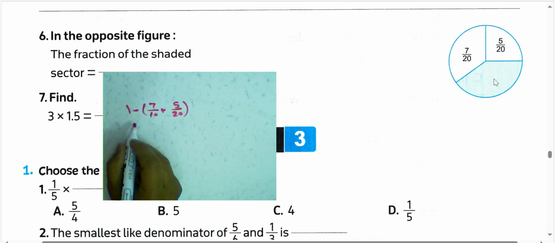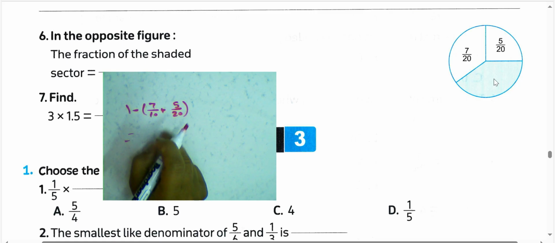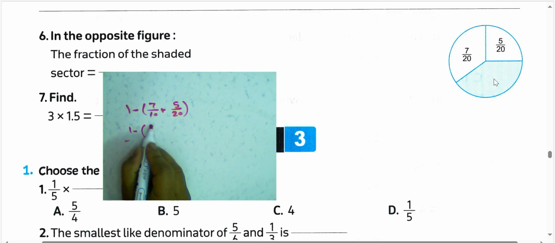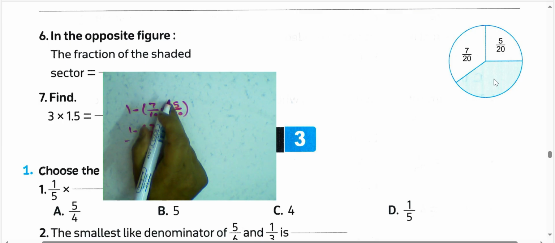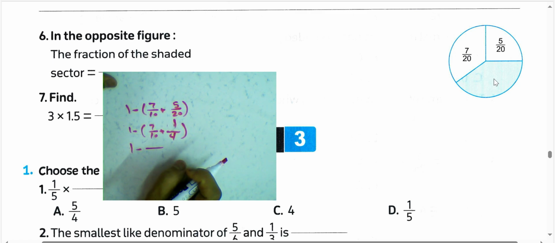We can write 1 here equal 20 over 20 because the least common multiple between all the denominators here is 20. Or you can simplify this by dividing by 5 numerator and denominator. 1 subtract 7 over 10, add 5 divided by 5 is 1 and 20 divided by 5 equals 4. Then the result will be 1 subtract by, we can write here the least common multiple between them equals 20.